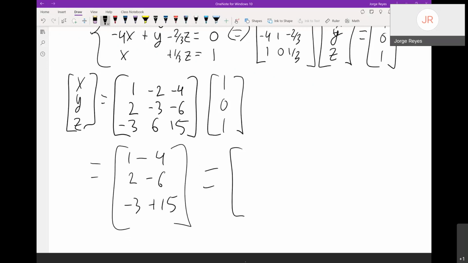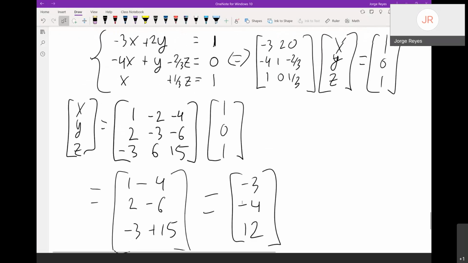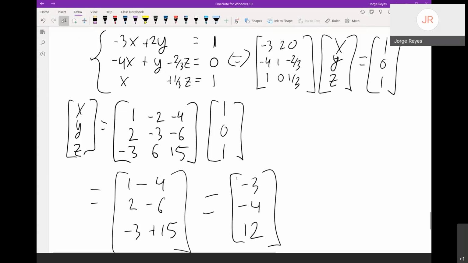So the answer is going to be -3, -4, +12. And ta-da, that's supposedly the answer. You could check it. If you want to plug in, you could go ahead and check it. But that's the answer.